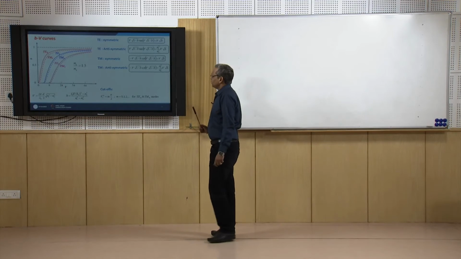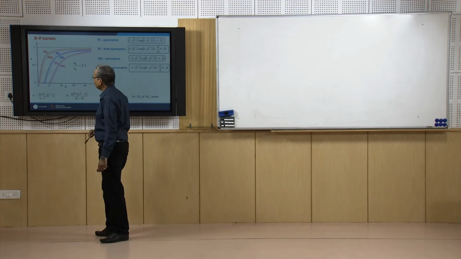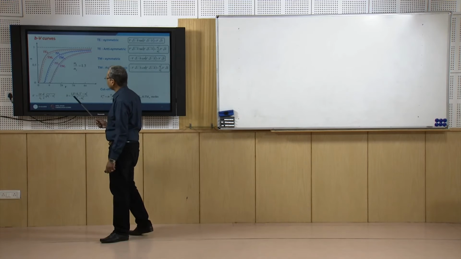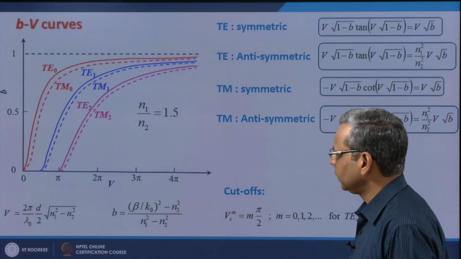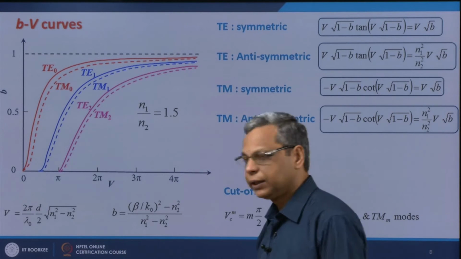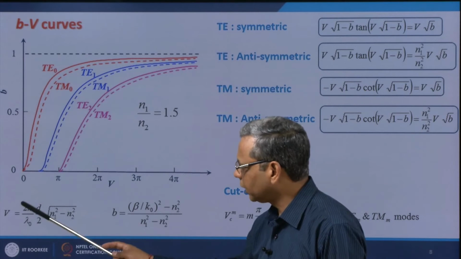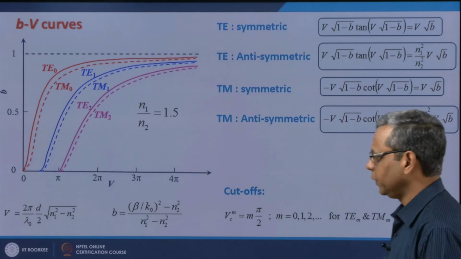In a waveguide, a very important diagram is the BV diagram, where B is the normalized propagation constant defined like this, and V is the normalized frequency defined like this, which contains all the information which you require about the waveguide and the wavelength.